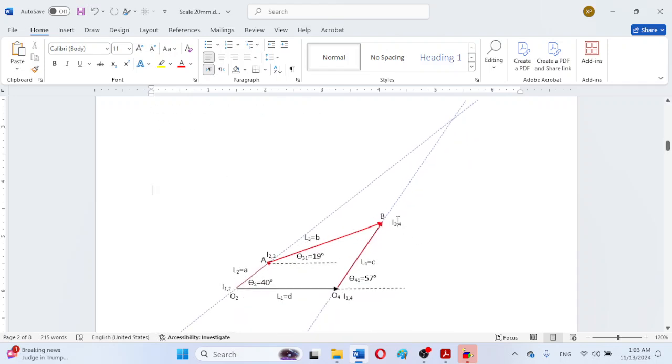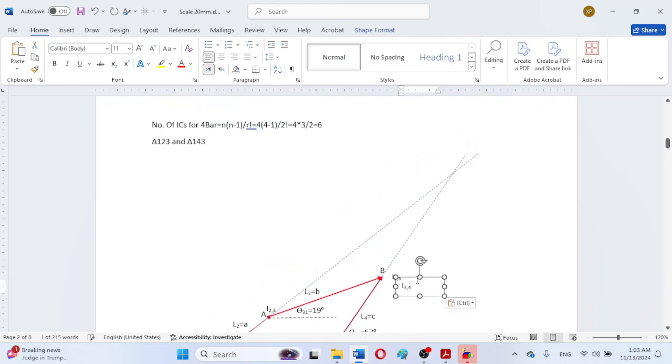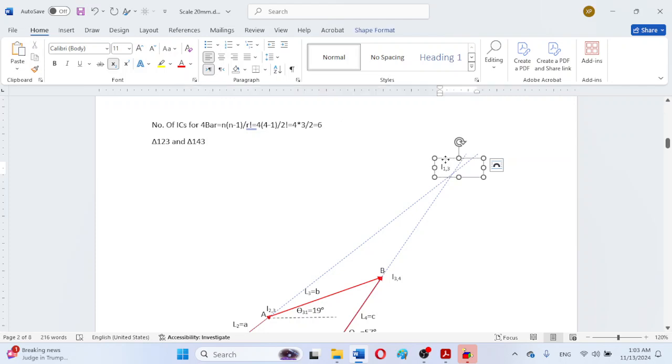Just copy any label from here and move it here, and type 1 comma 3. In this way the fifth instant center has been calculated.